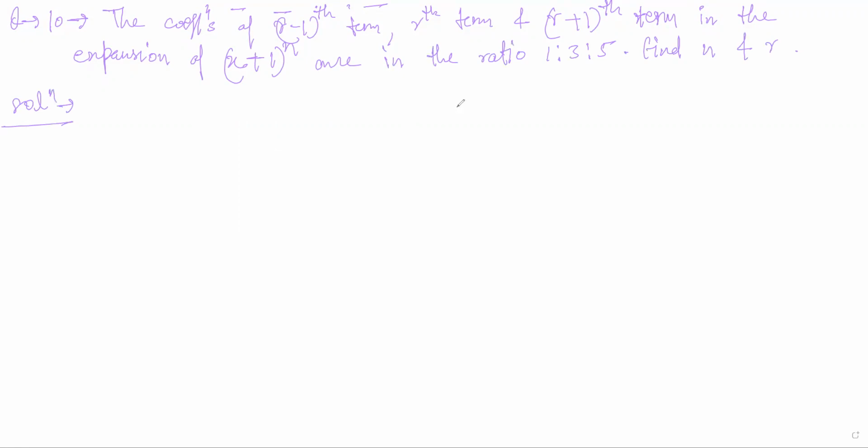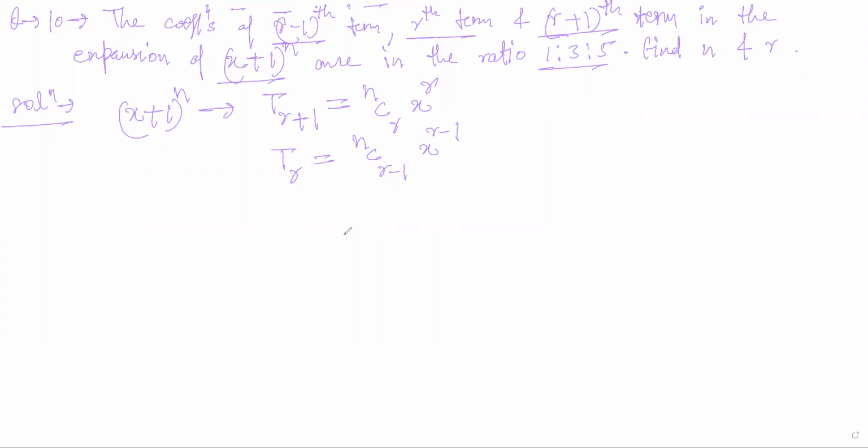You have been provided with an information that coefficient of these 3 terms are in the ratio 1:3:5. And what's the expansion? Expansion is this. So if you want to find out R plus 1th term, R plus 1th term would be NCR x to the power R. If you want to find out Rth term, then this should be NCR minus 1 x to the power R minus 1.